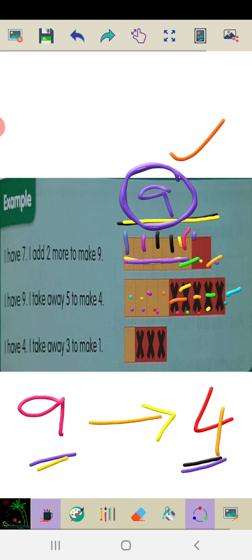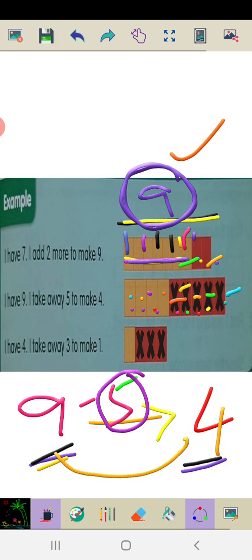When does it become a new number 4? When we removed 5 boxes from 9. The new number is 4. Understood? Similarly, see the last question.